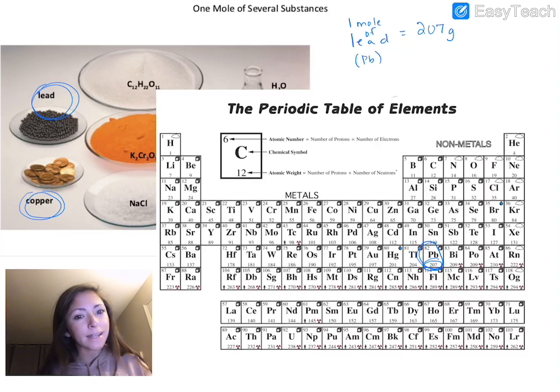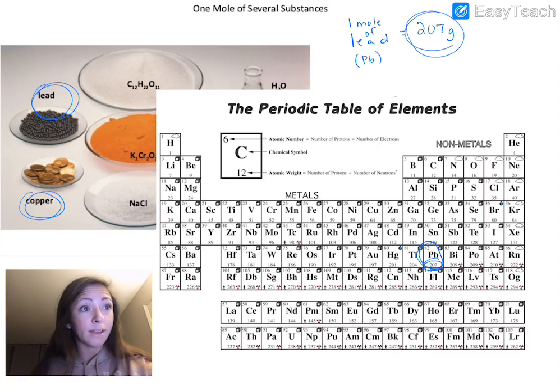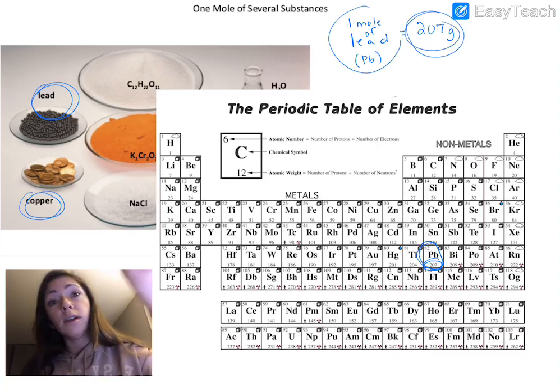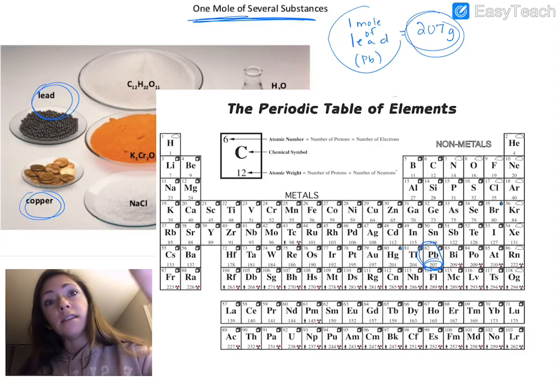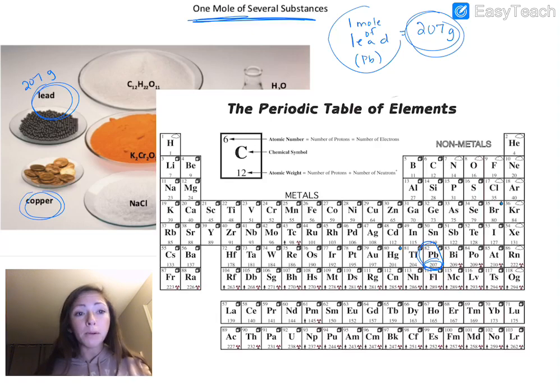Now, I say realistic day-to-day life because we cannot measure individual atoms and molecules because they're much too tiny. So this number, 207, is the amount of grams in 1 mole of lead. So over here, if this is truly 1 mole of each of these substances, this is 207 grams of lead, okay?